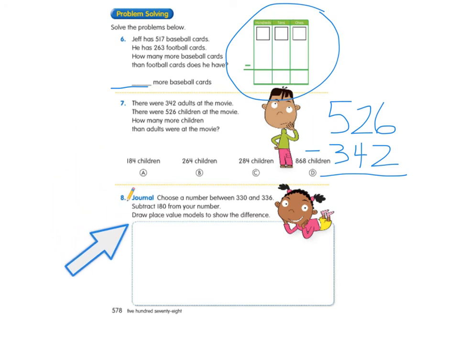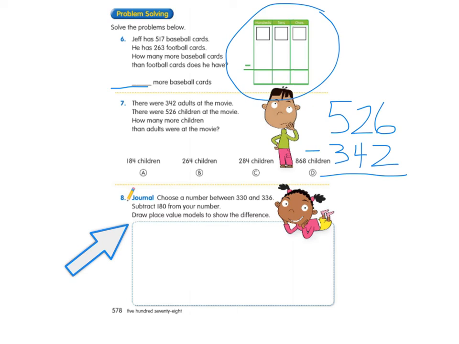All right, number 8, journal. Choose a number between 330 and 336. Then you will subtract 180 from your number that you chose. Draw place value models to show the difference.